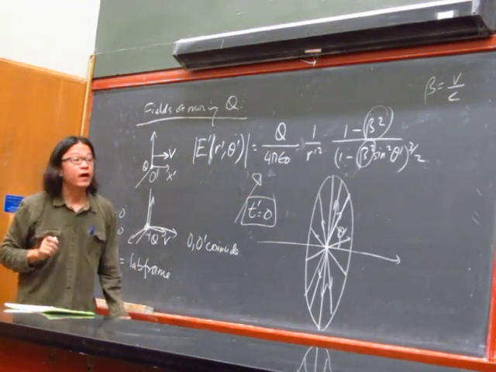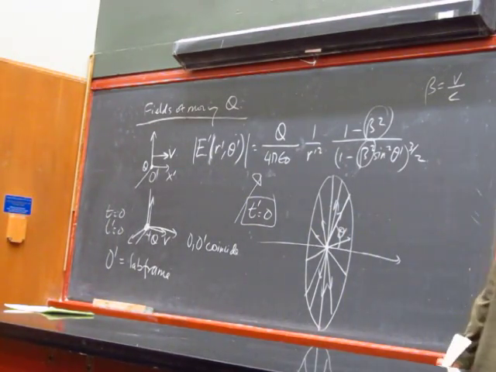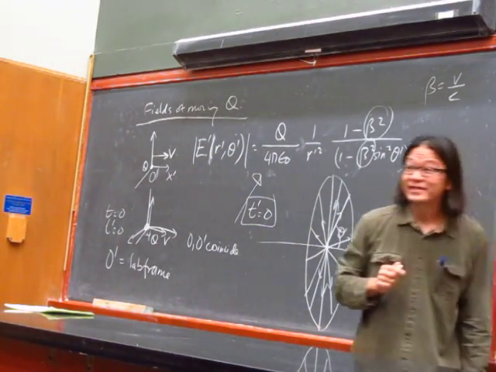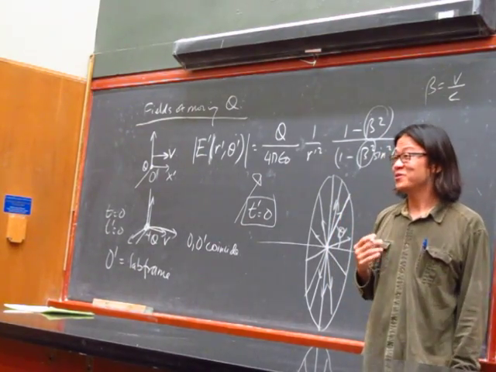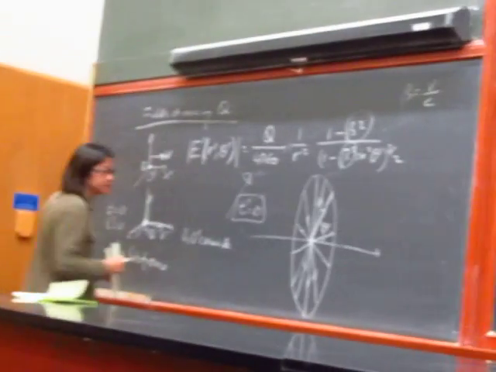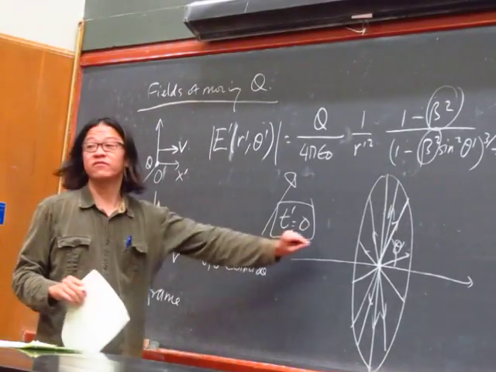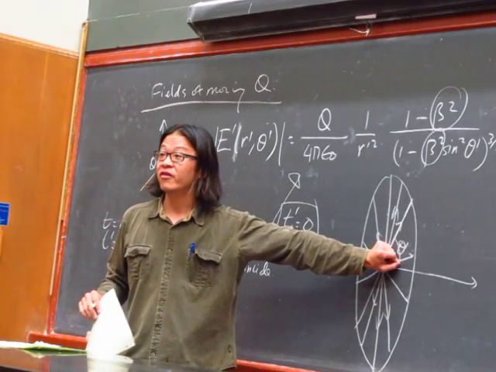Okay? And if you worry that maybe information is moving faster than the speed of light in this case, that's not the case here. What happened is this particle is moving at some velocity for a long time. Right?